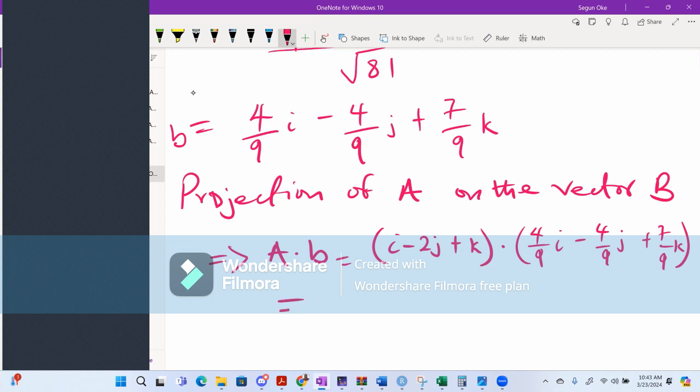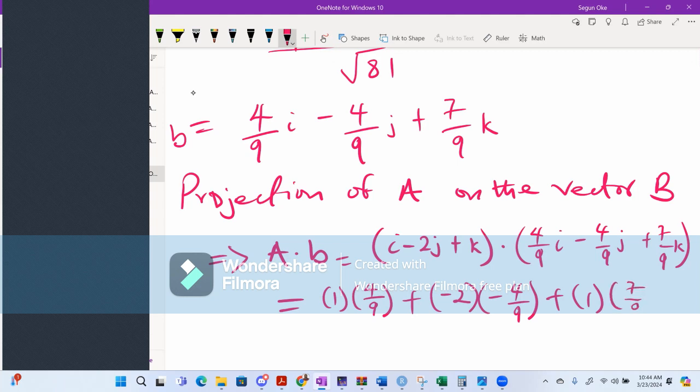So the final answer will be what? i dot i, don't forget, is 1. We have 1 in bracket 4/9, then plus negative 2 dot negative 4/9. k dot k will be 1, plus 1 in bracket 7/9.